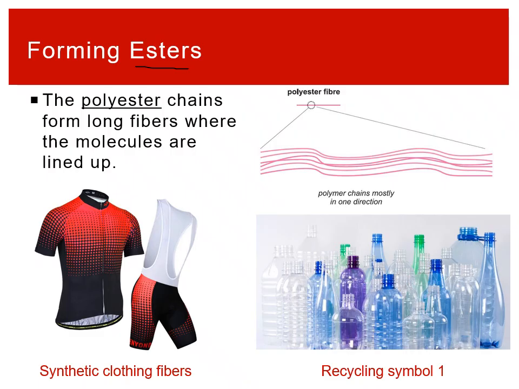So you can make it into a lot of shapes, obviously fibers to make clothes, bottles. You can do a lot of things like that. But again, it's these molecules that have long chains that you can then make threads out of, and then you can weave those threads or press those threads, melt them, into making plastic shapes like bottles.